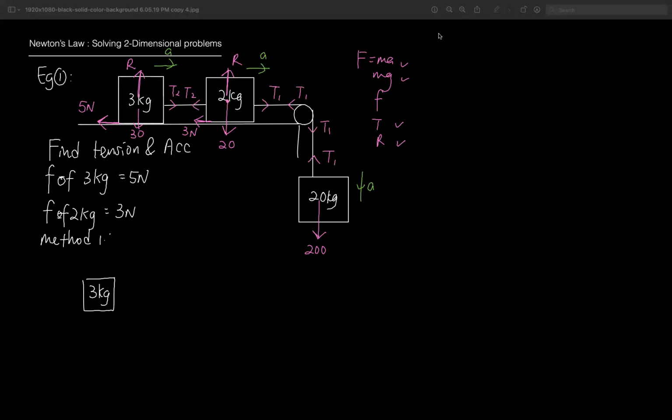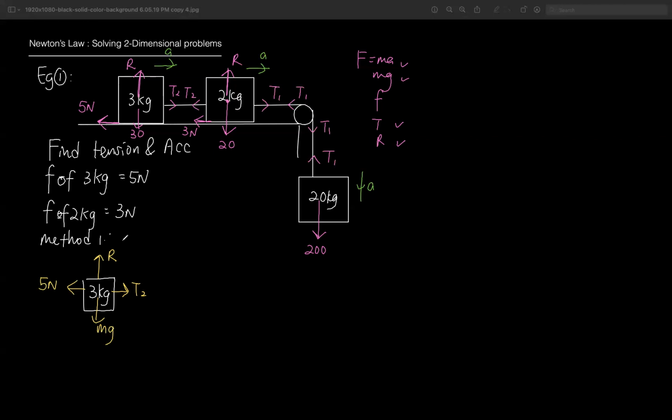Make sure you label every force acting on that body. So for 3 kg, we have R, we have mg. And then to the right is T2. We just take one side, T2. And then this one is 5 Newton. You can see we have horizontal forces and vertical forces.